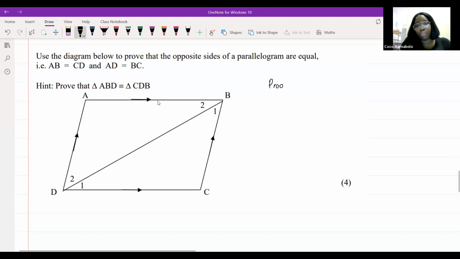We're going to say proof: in triangle... Now, guys, I cannot emphasize again how important the order in which you write your triangles is. Look at the order that they've given you. We must write it as in triangle A, B, D, and triangle C, D, B. In that order.